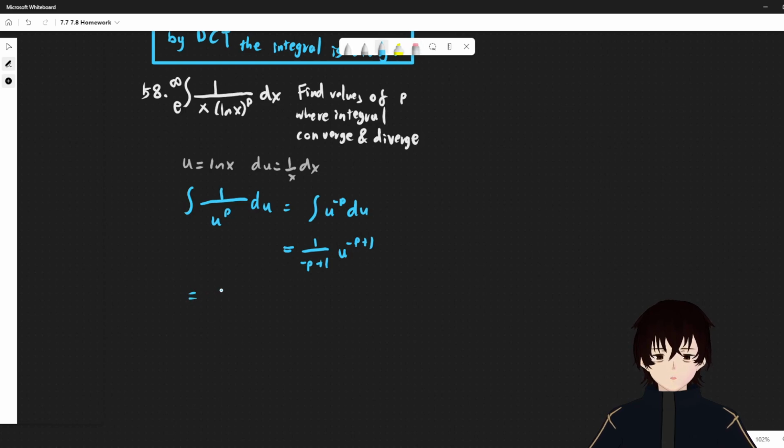This is equal to the integral from e to infinity of 1 over negative p plus 1 times natural log x to the power of negative p plus 1. All right, there's our integral.